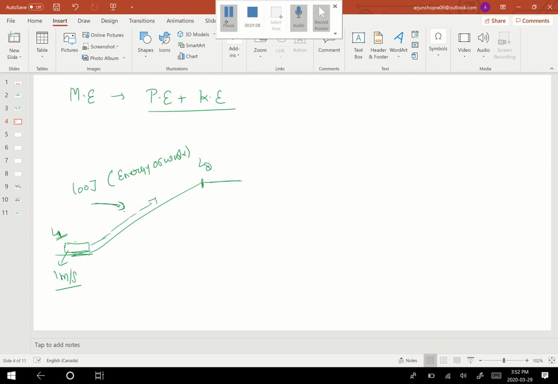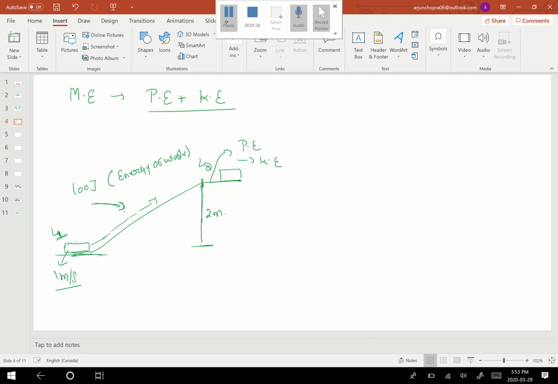I wanted to find out, first of all, the total mechanical energy at this location, and second, the potential energy and kinetic energy at this location. Let's say, because I added 100 joules of energy, it ended up reaching a height of 2 meters.